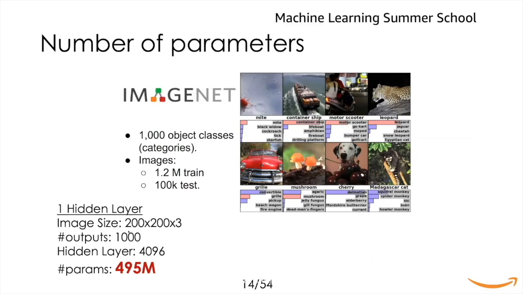You have images of size 200 cross 200 cross 3, a 1000 dimensional output, and you're going to use a single hidden layer of 4096 dimensions. For such a data set and architecture, the number of parameters you'll require in an MLP is 495 million, which is huge. And most often, a single hidden layer will not suffice. You will need multiple hidden layers to get good accuracies.